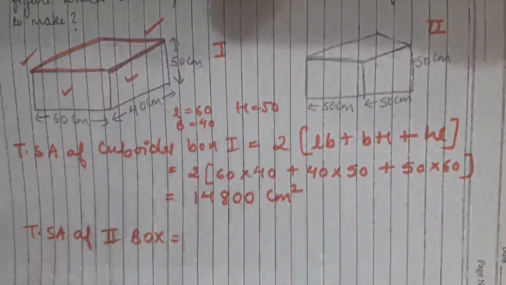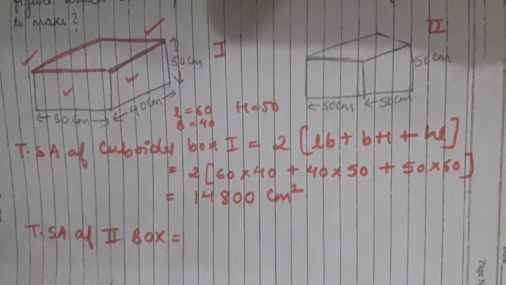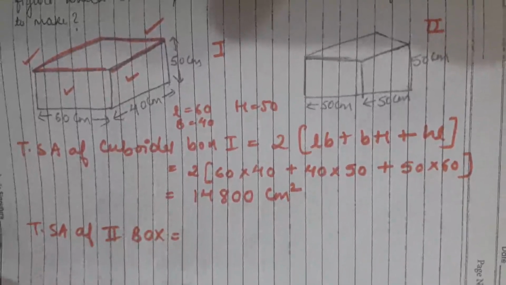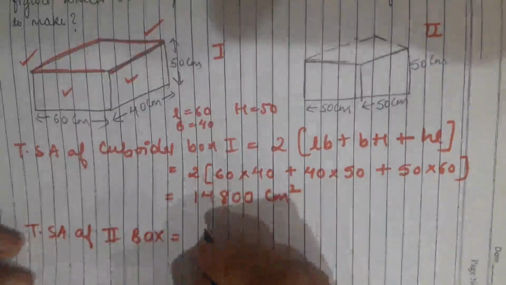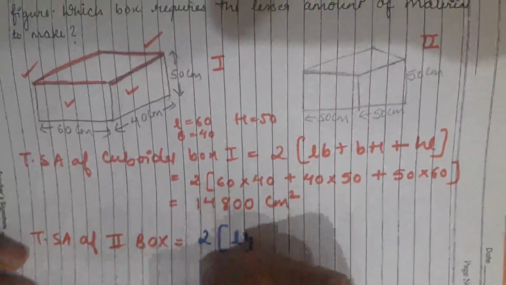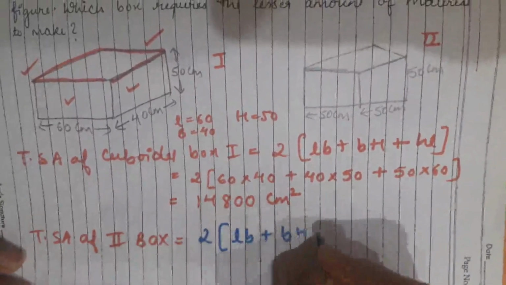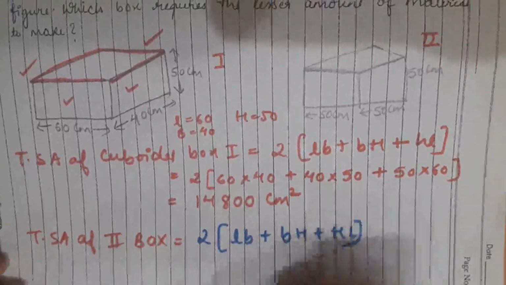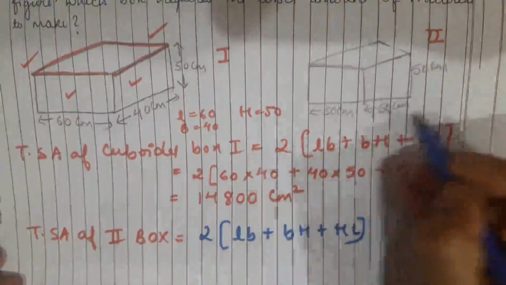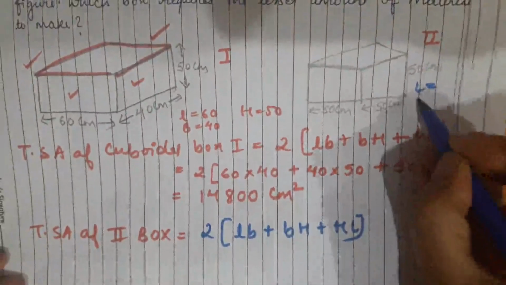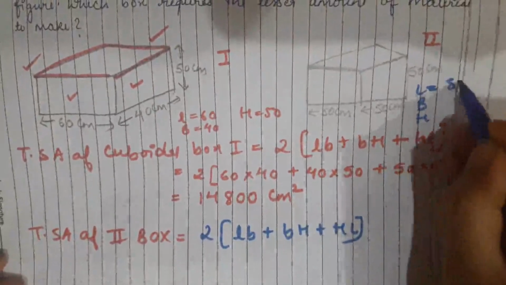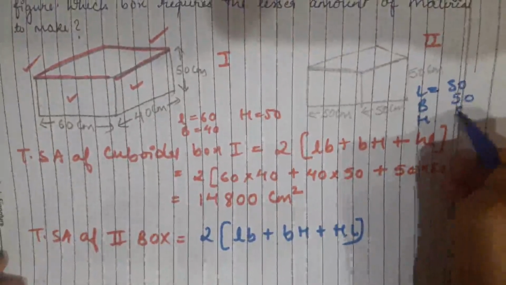Okay, so let's calculate the total surface area of the second box. Again put the formula 2 times LB plus BH plus HL. In this also we have the same: length, breadth and height are all equal to 50.